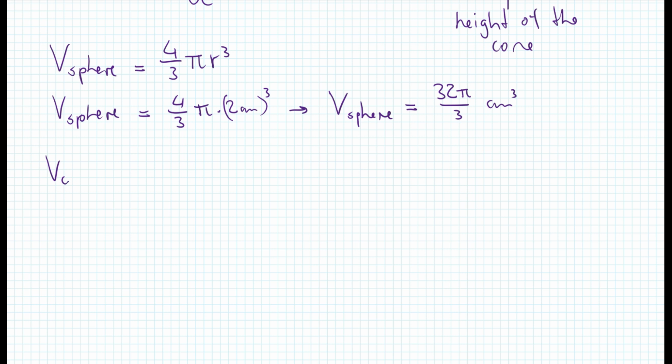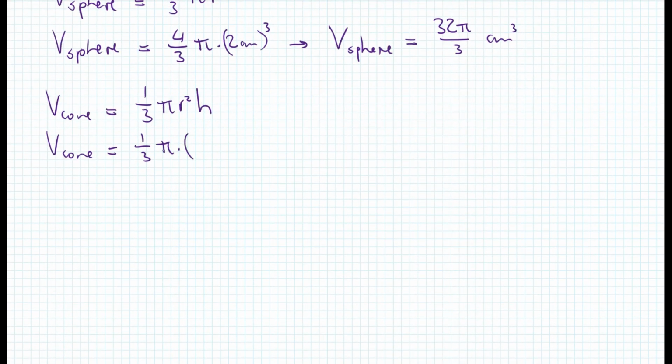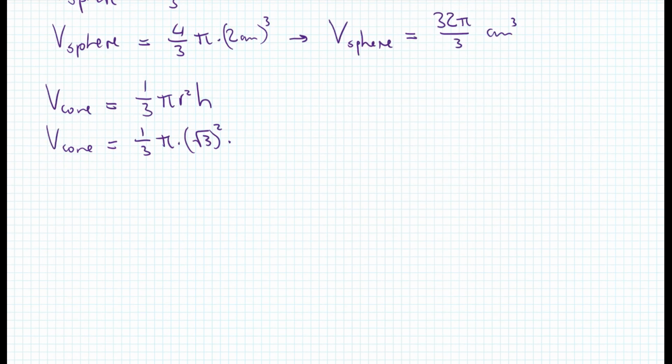All right, the volume of the cone, on the other hand, is 1/3 pi r squared times h. So the volume of the cone is equal to 1/3 pi times, the radius of the cone is just radical 3, so we square that, times the height. And we figured out the height here to be 3 centimeters, so let me add centimeters here, times 3.